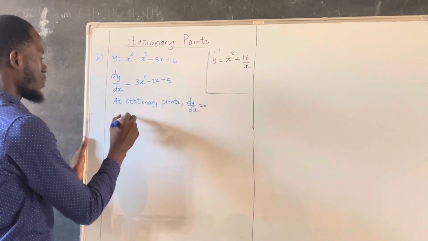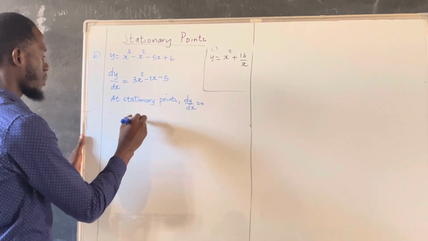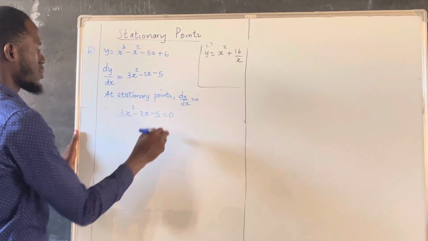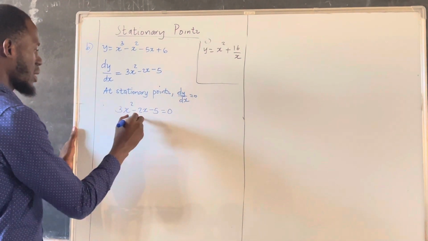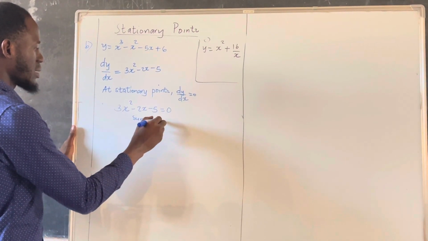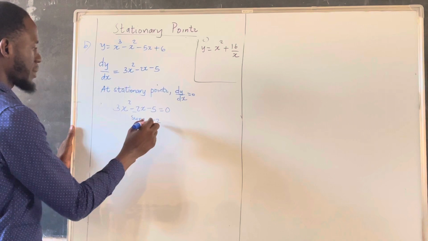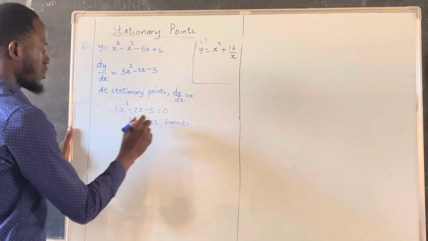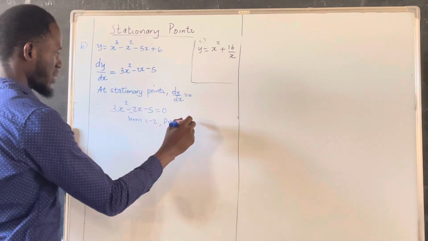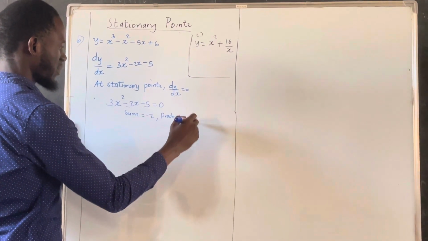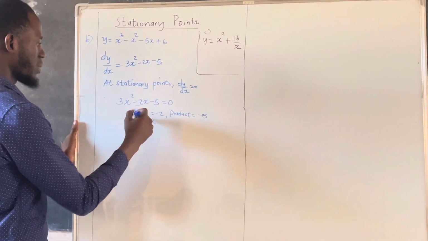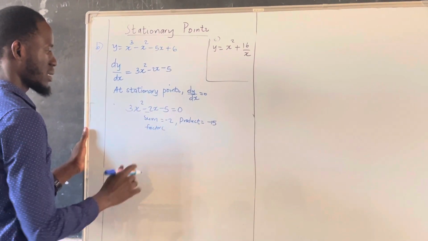Now at this point we set 3x squared minus 2x minus 5 equal to 0. Here we have our sum as negative 2, then we have our product, which is negative 15. We want to factorize, splitting the middle term to get the values of x.